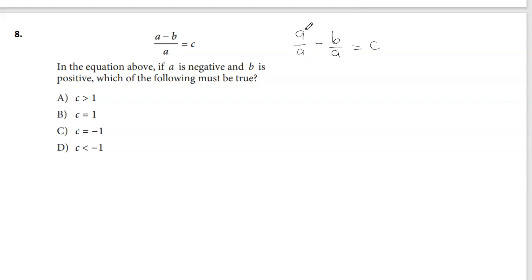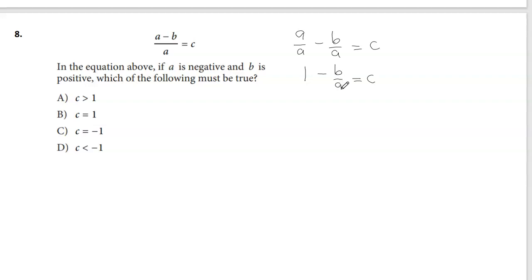Now from here, A divided by A is what? 1. And then we have B over A equals C. All right? So if we have this, we can use the condition. It says A is negative and B is positive.